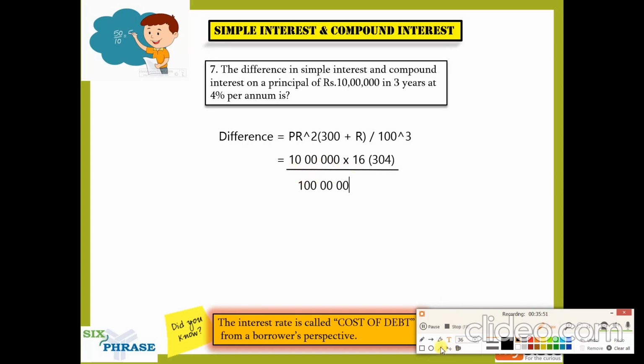All these zeros will get cancelled. Finally I'm left with 16 into 304, and whatever is the answer for 16 into 304 will give you the final answer. So 16 into 304 gives you 4864, guys. So that is your final answer.